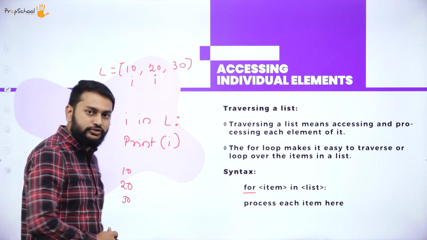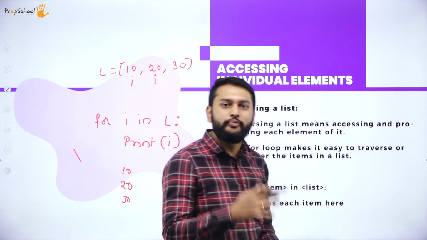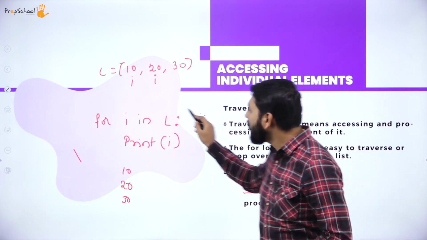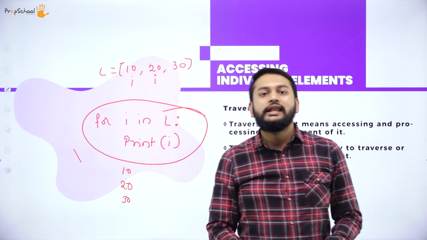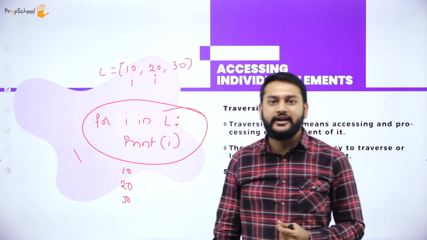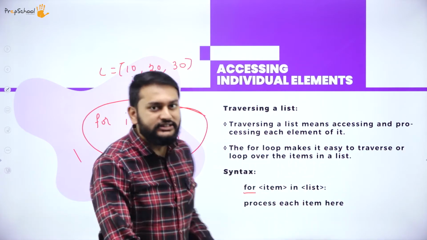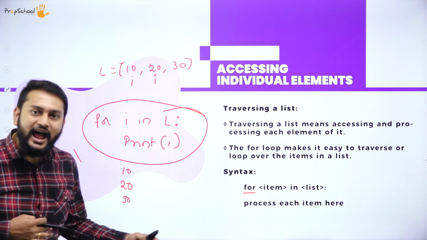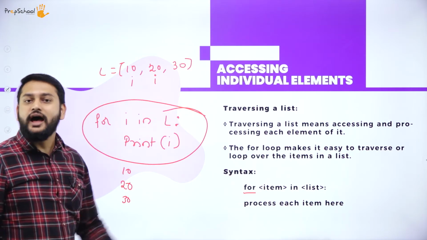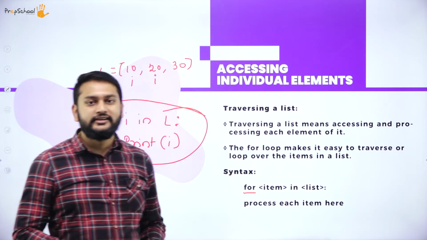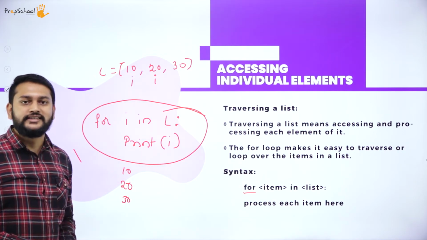Until it reaches the last end of the list, it will keep on printing. With the help of the for loop, I will be traversing throughout the list, is what you need to understand, guys. This is how I will be visiting each and every item that I have inside the list.